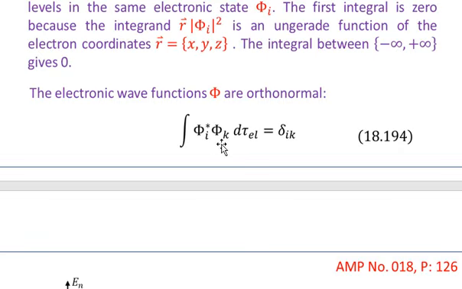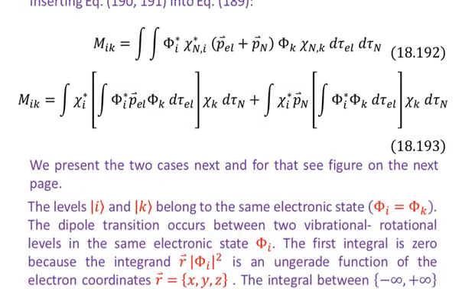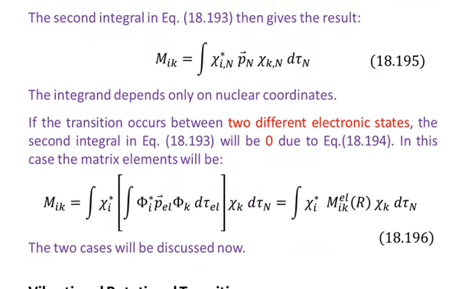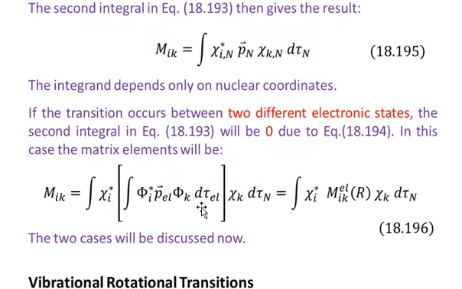And you know that phi i star and phi k are present in that integral. You can see phi i and phi i star and phi k are present in the second integral. So when i and k are different, this integral will vanish out. That is, the second integral will vanish out. And then you see that we are left with the first integral only.